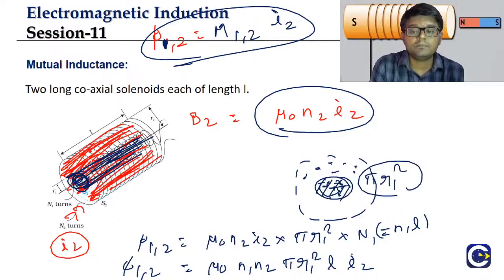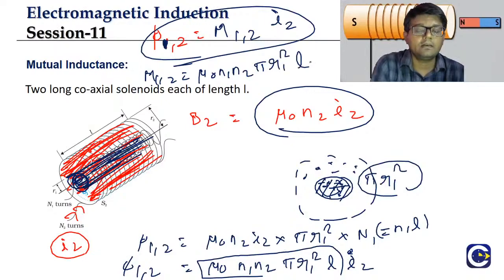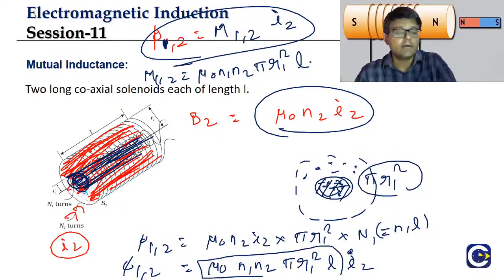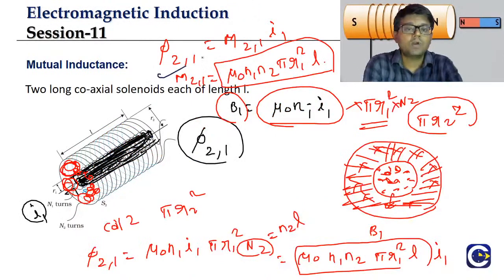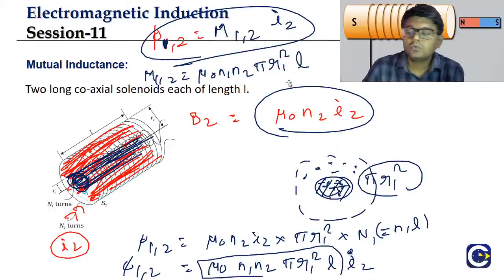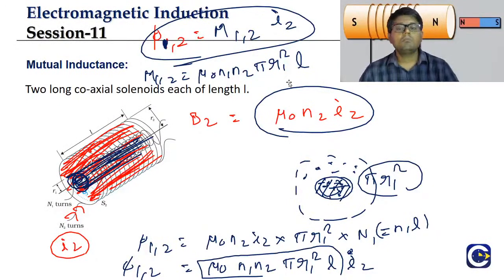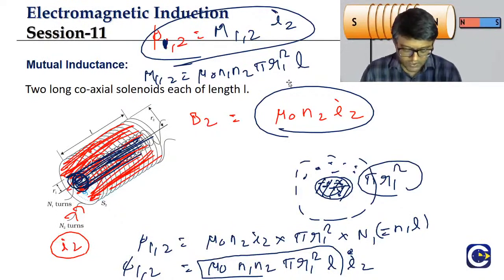Now compare both of them. If you compare both of them, what is the M1,2 value? Mu naught N1 N2 pi R1 square into L. If you go back and check, M2,1 is also mu naught N1 N2 pi R1 square L. So both of these give us the same value for the mutual inductance.